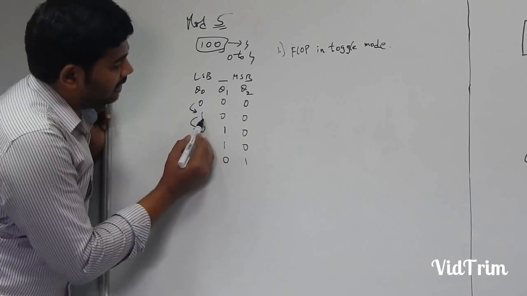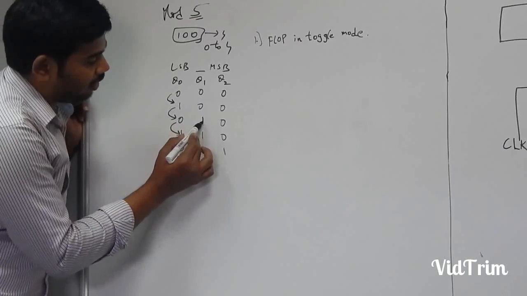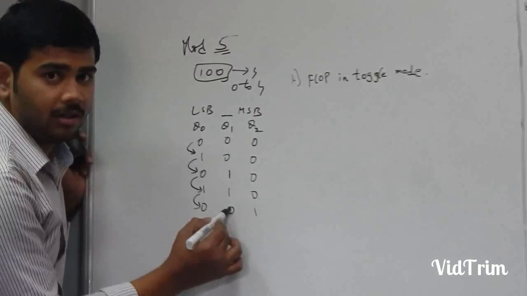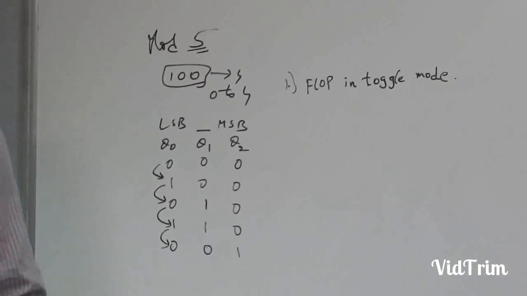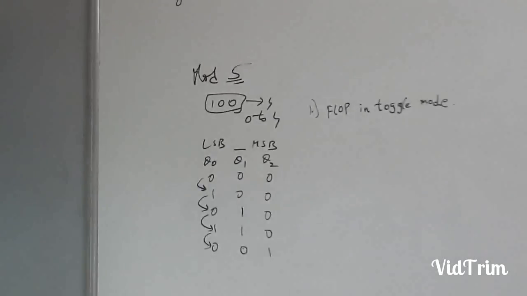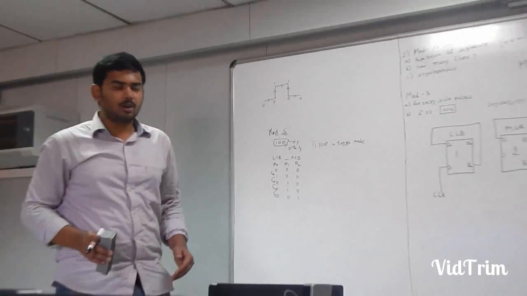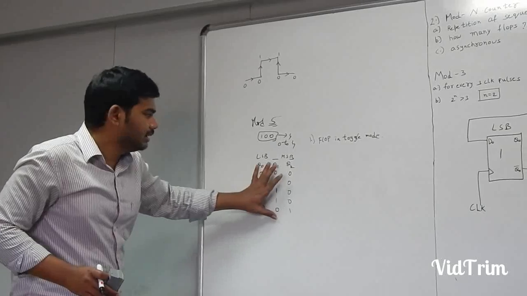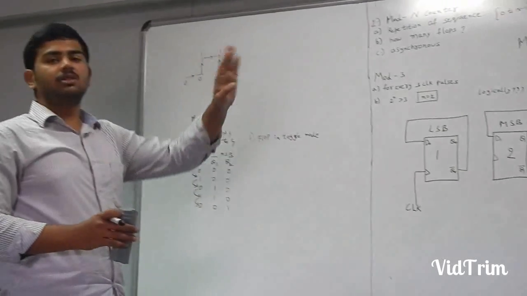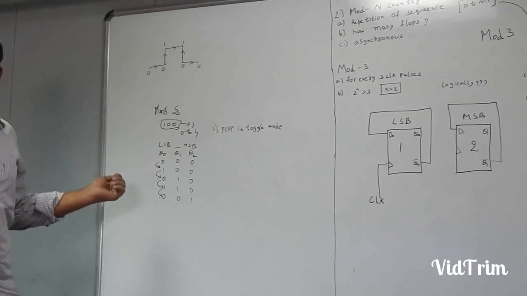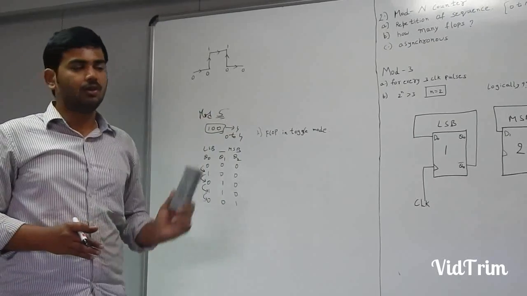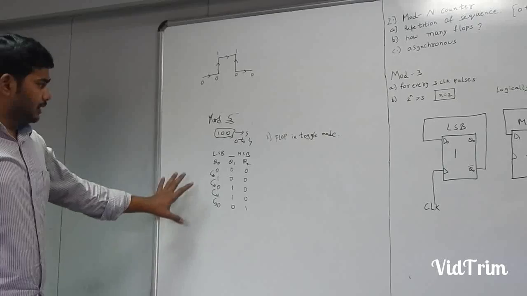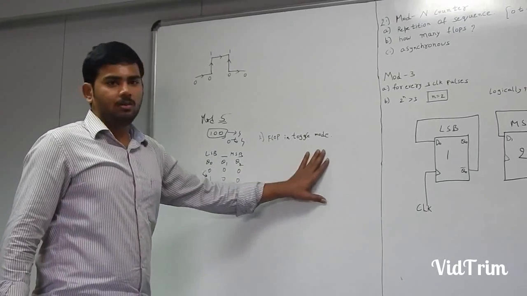So whenever it is changing from 1 to 0 only, it is toggling. So you should be in a position to notice based on what toggling it is changing, and based on that you should give that output as flop to next flop. So for the next flop to trigger. So first of all our requirement is flop in toggle mode.